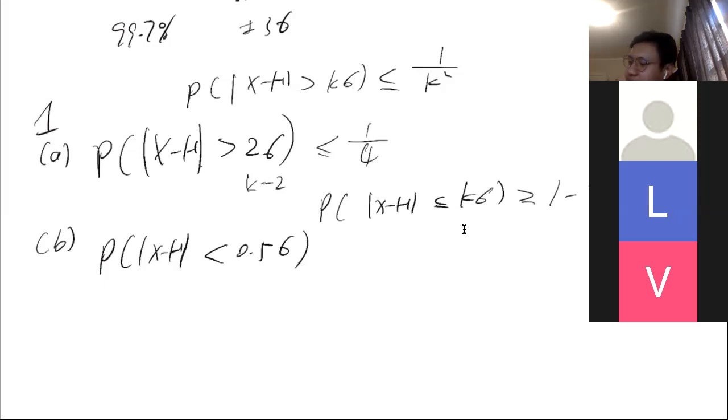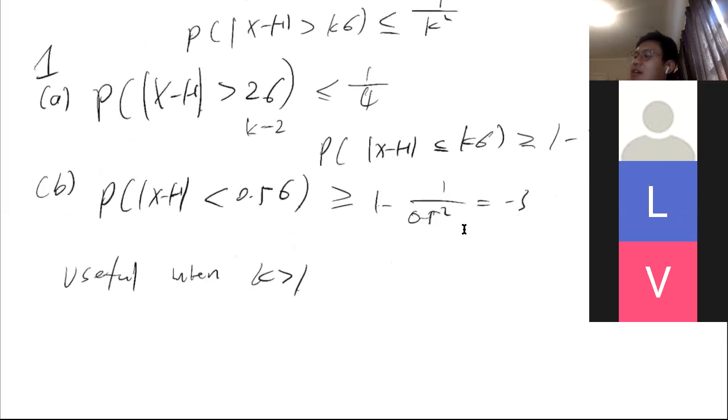In this case, this is greater than or equal to 1 minus 1 over 0.5 squared, which is -3. But we know that Chebyshev is only useful when k is greater than 1. Here is a perfect example of why it is not useful when k is less than 1: when k is 0.5, we are finding a probability that is greater than -3. But obviously probabilities are greater than or equal to 0. So it's useless. The conclusion we have here is useless.